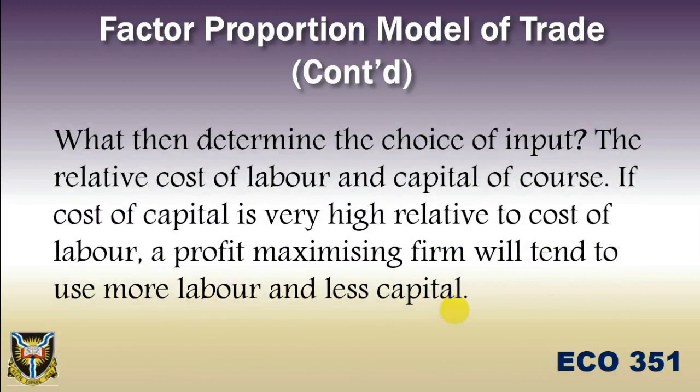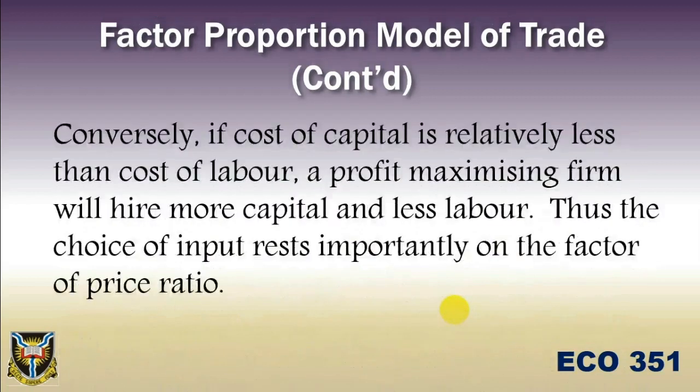If the cost of capital is very high relative to the cost of labor, a profit-maximizing firm will tend to use more labor and less capital. Conversely, if the cost of capital is relatively less than the cost of labor, a profit-maximizing firm will hire more capital and less labor. Thus, the choice of input rests importantly on the factor price ratio.